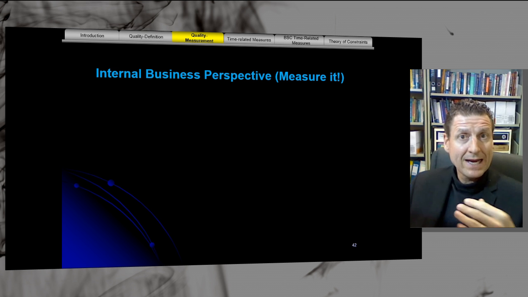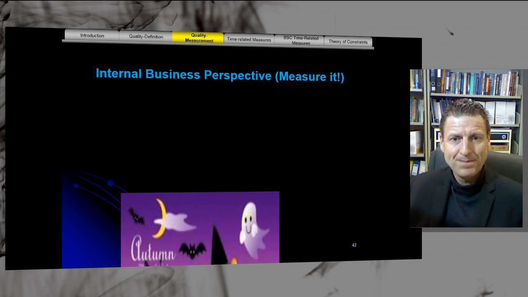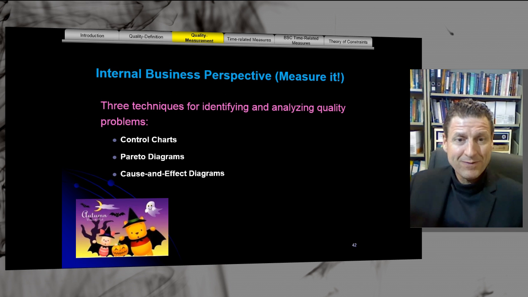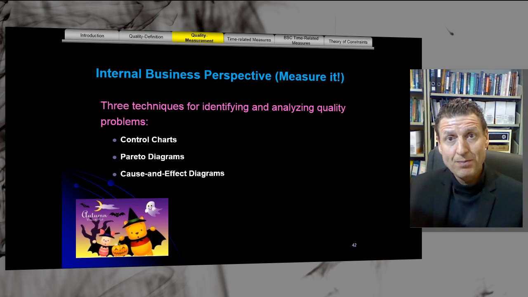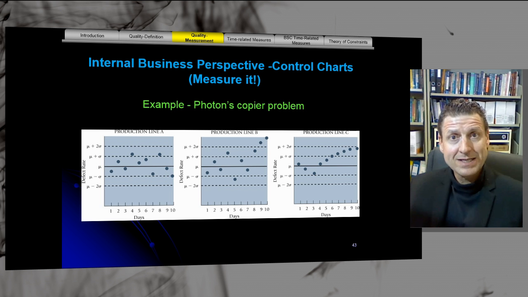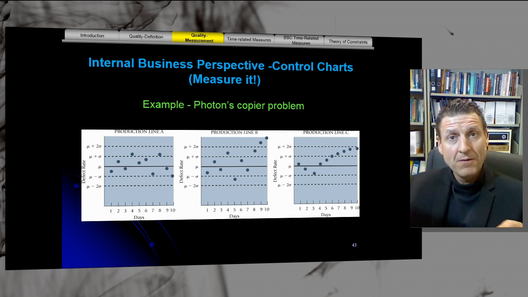Let's have a look at the internal business perspective measures. We've got control charts, Pareto diagrams, and cause-effect diagrams. These are management frameworks or mechanisms, and each of them pulls apart a particular problem in different ways. Control charts enable you to see the extremes of variances in activity over time.